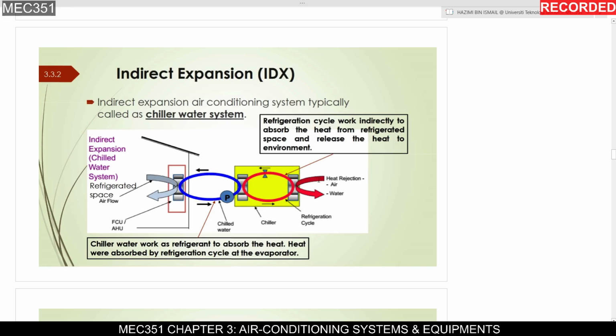Okay, here to remove heat to the surroundings, we have two methods. The first one we call the air cool, and the second one we call the water cool.